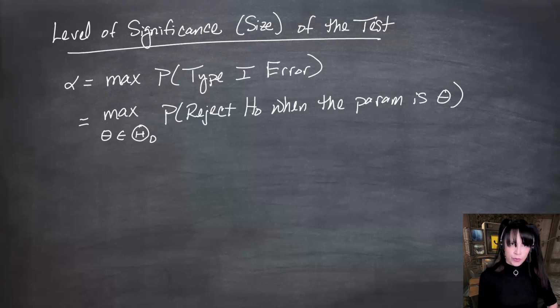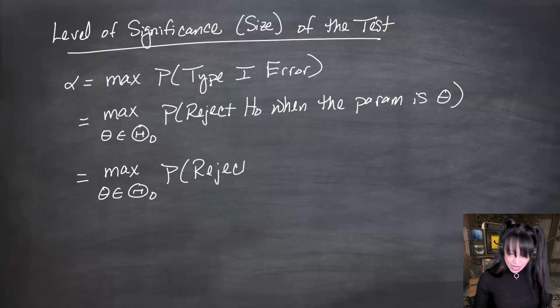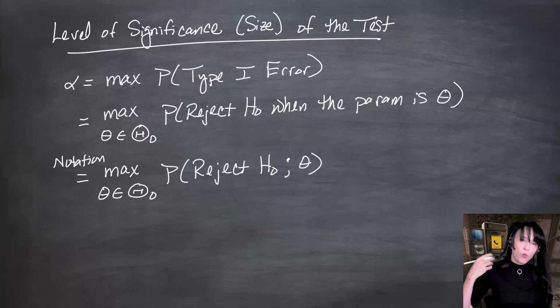And I've used this kind of notation before, on the next line, but we're really going to start using it a lot now. I don't want to keep writing when the parameter is theta. I don't think you want me to keep writing it either. So this is going to be reject the null hypothesis and then a semicolon theta. And so this is purely notation for the line above, so we don't have to write when the parameter is theta.